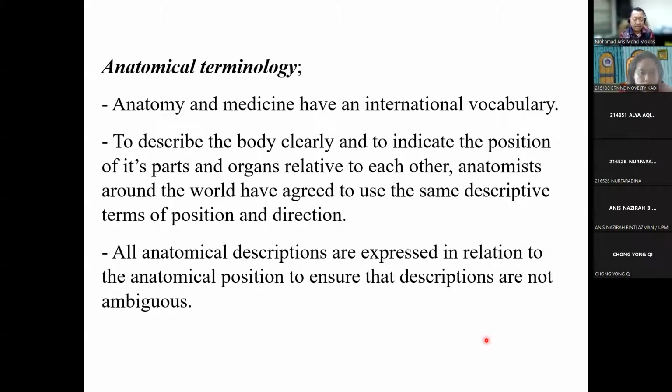So basically, all anatomical descriptions are expressed in relation to the anatomical position to ensure that descriptions are not ambiguous. Whenever you go, when you're explaining the structural or anatomical features of organs or structures, they should be similar. Right?